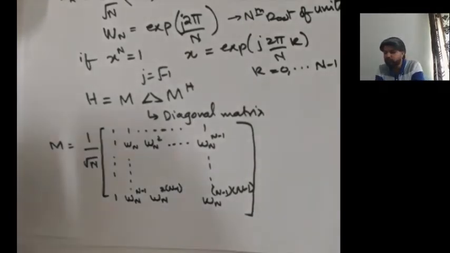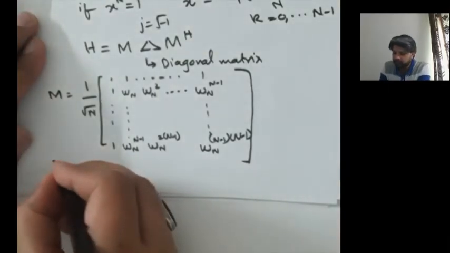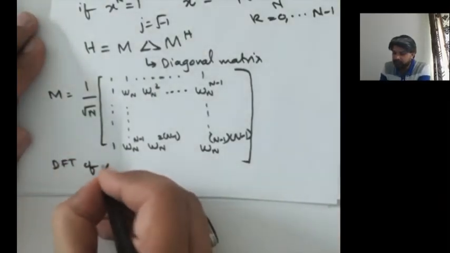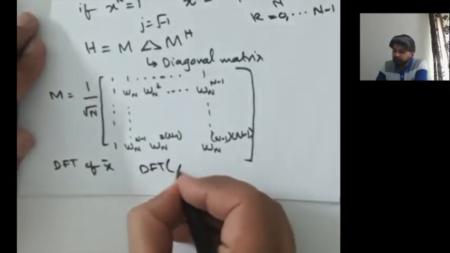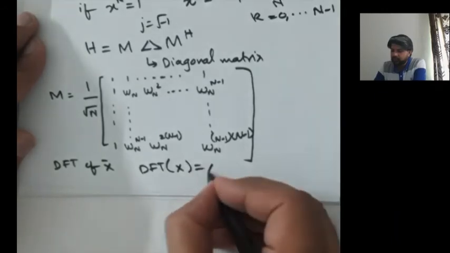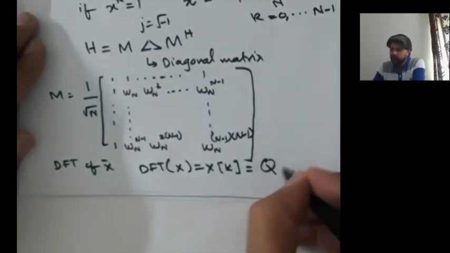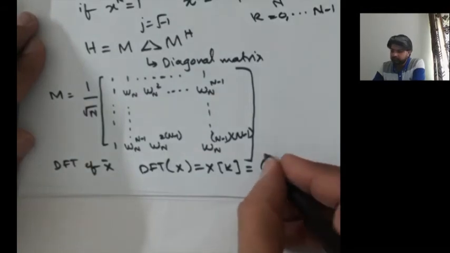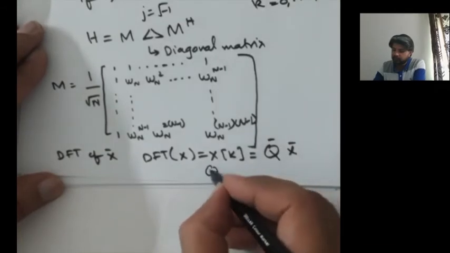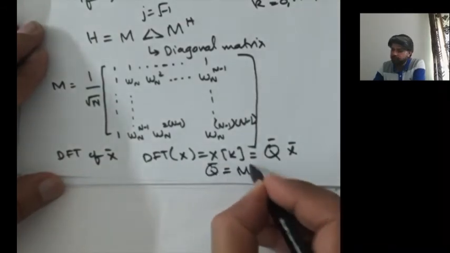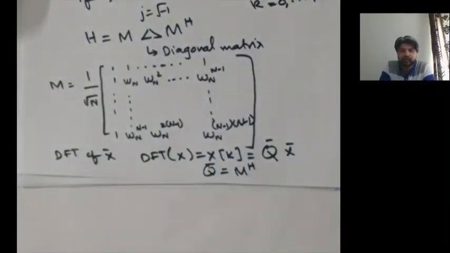If you want to compute the discrete Fourier transform of a vector x, then the DFT of the vector x, which is called X of k, would be nothing but a matrix Q times this vector x, where this Q matrix is related to this M. Q is nothing but M Hermitian, because in the Fourier transform you have a minus sign with the complex exponential.